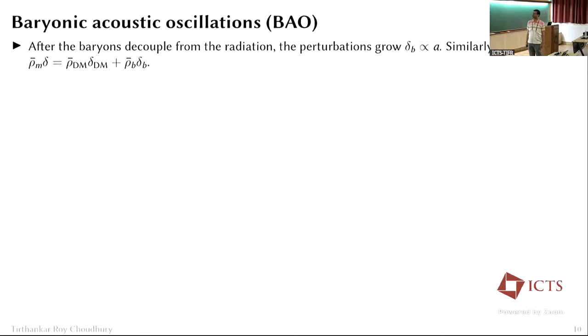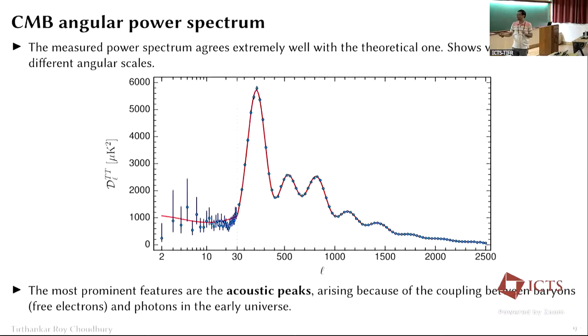What we also know is that after the baryons decouple from the radiation, which happens right when the CMB was formed, the perturbations grow. But before decoupling, these baryons were tightly coupled with the radiation. And all these features get imprinted in the baryon fluctuations as well.